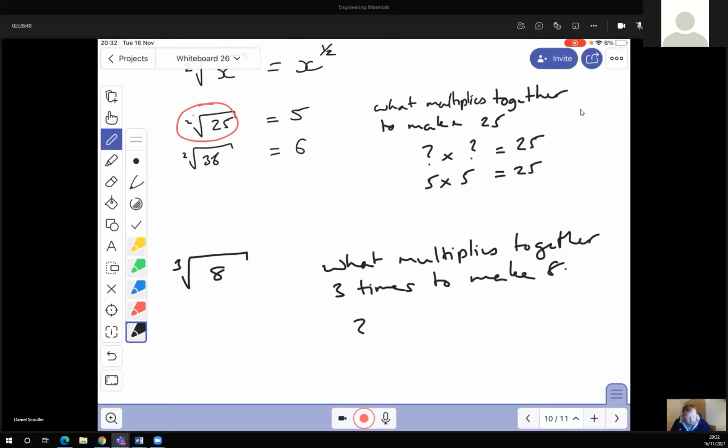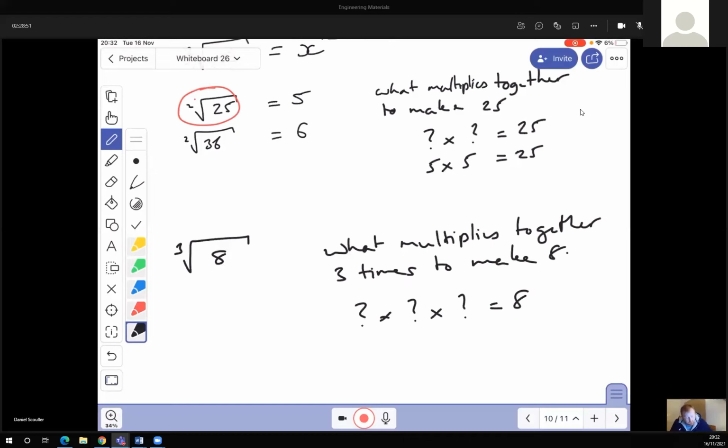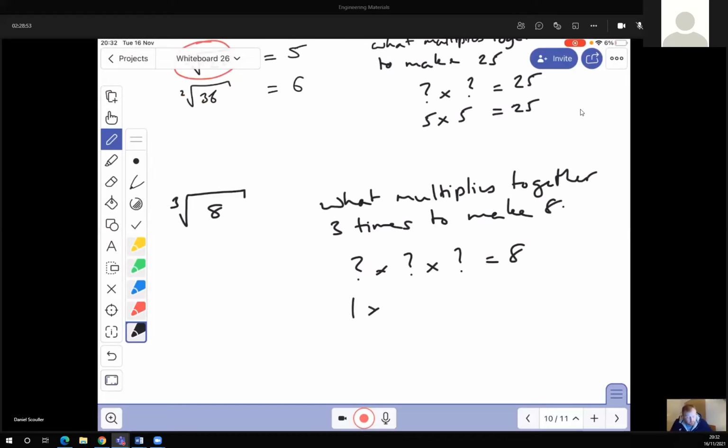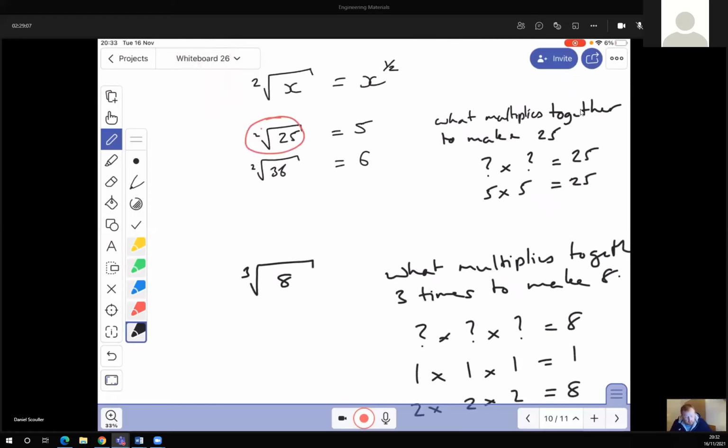So what times what times what equals 8? If we just go through our numbers, 1 times 1 times 1 equals 1. 2 times 2 times 2: 2 times 2 is 4, 4 times 2 is 8. So the answer to that would be 2.